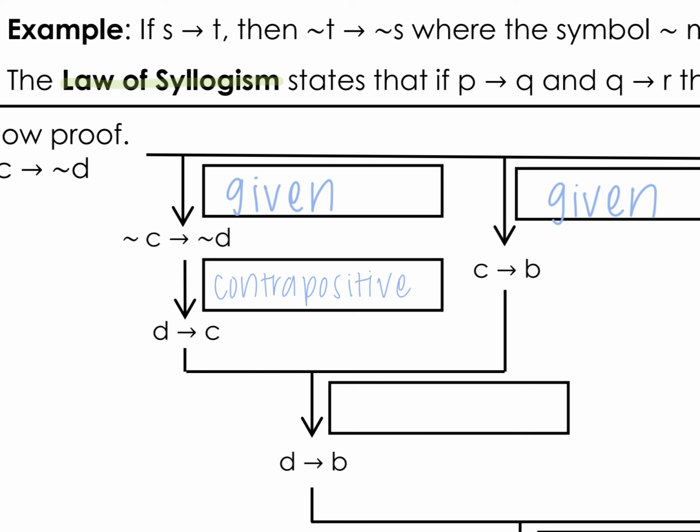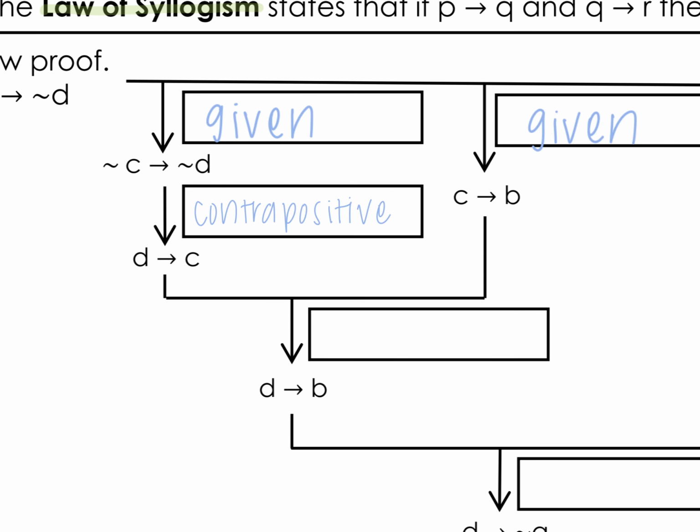Okay, and like I said, I'm trying to explain where they're coming up with these and why they're doing it, not just going straight to what it is right off the bat. So we've got that contrapositive, and then we'll notice that they both have that C in it. One's the end, one's the beginning. So then we are able to use that syllogism to come up with this statement here.